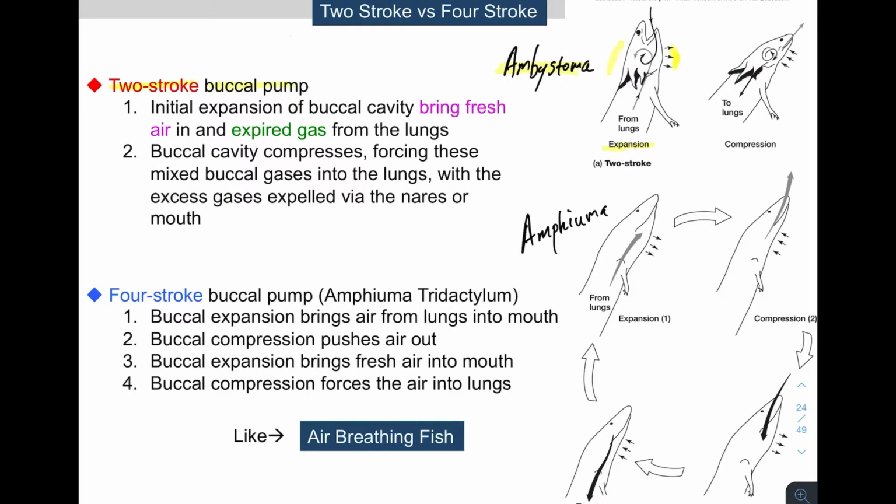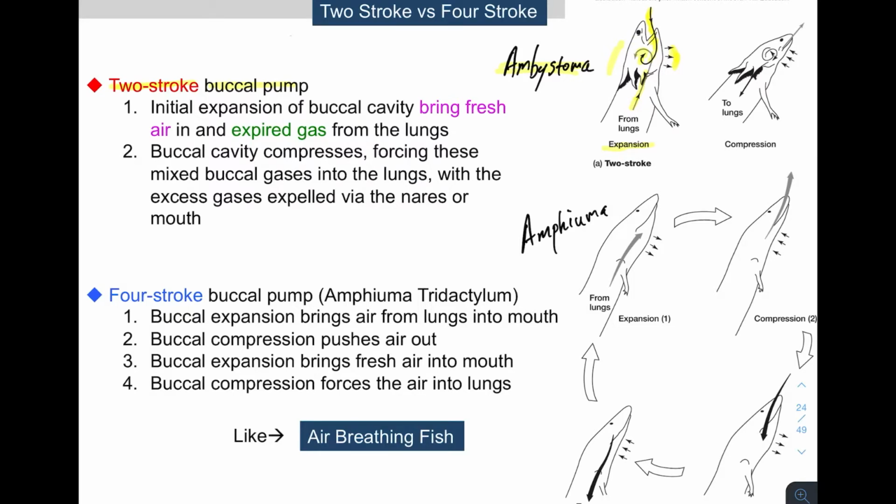It's going to take expired air from the lungs and bring it into the buccal cavity. Simultaneously, the fresh air from the atmosphere will also come into the buccal cavity. These two will mix inside the buccal cavity.